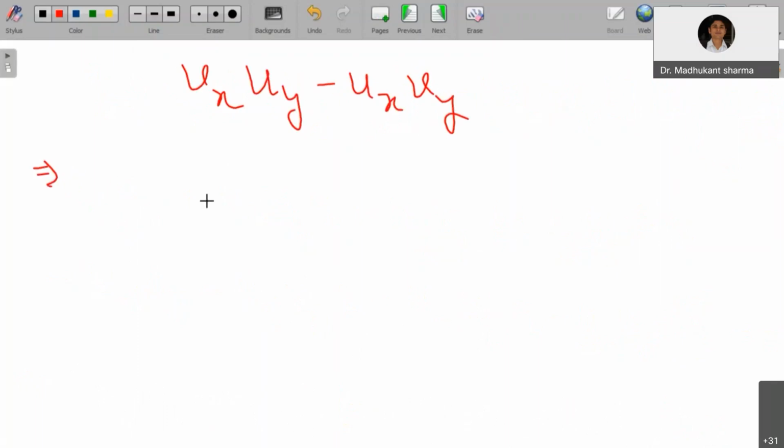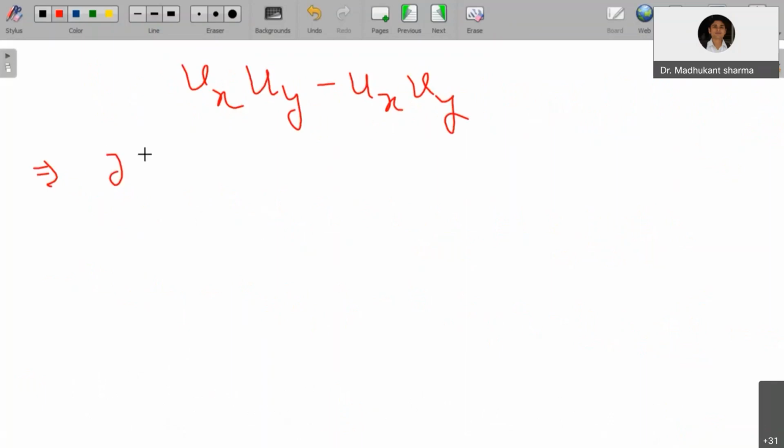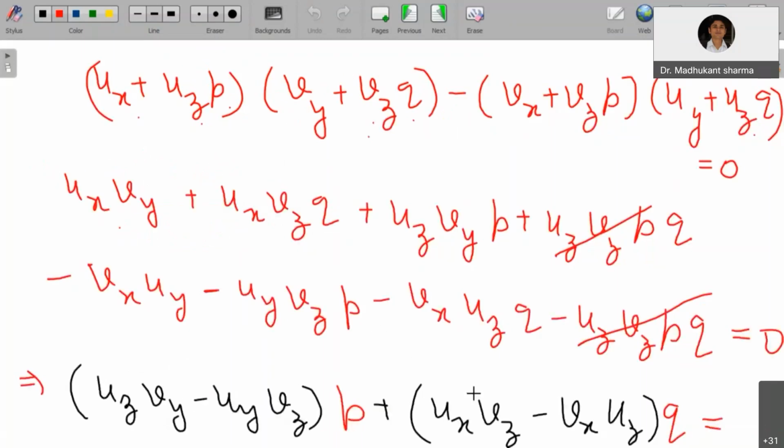Now further, if you look at this carefully, this is nothing but the Jacobian of uv with respect to z, y, times p, plus the q coefficient, the Jacobian of uv with respect to x and z. If you recall, we have already done this.